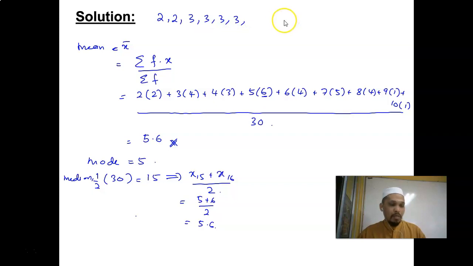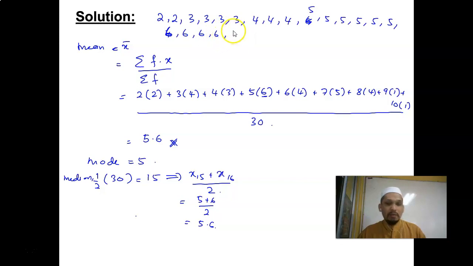Getting 4 marks, 3 students. Getting 5 marks, 6 students: 1, 2, 3, 4, 5, 6. Getting 6 marks, 4 of them: 1, 2, 3, 4.